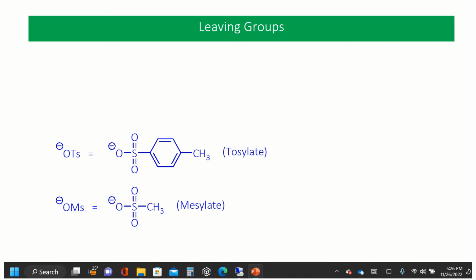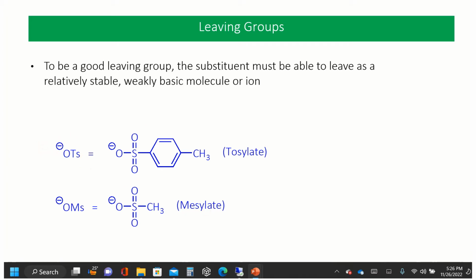These are rather good leaving groups in addition, so we have the tosylates and we have the mesylates. The tosylates are very, very popular in synthetic chemistry because the leaving group itself, you can see, is a very stable conjugate base, i.e. it is the impetus for it to leave.